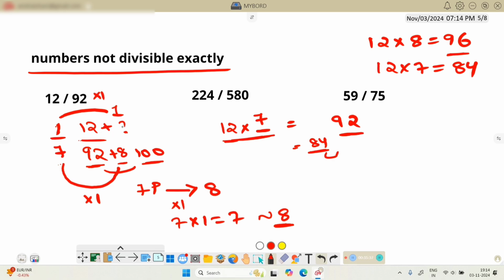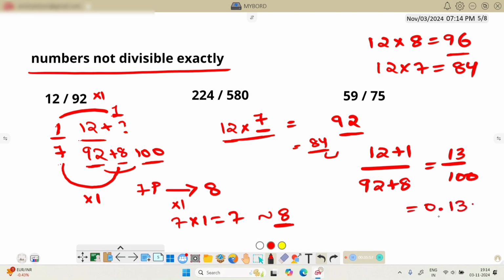Okay, so here the number you have to add is 1. 12 plus 1 by 92 plus 8, 13 by 100. So you know how to divide 13 by 100. The answer will be 0.13. So if you check in the calculator, 12 by 92 will give you the answer 0.13.